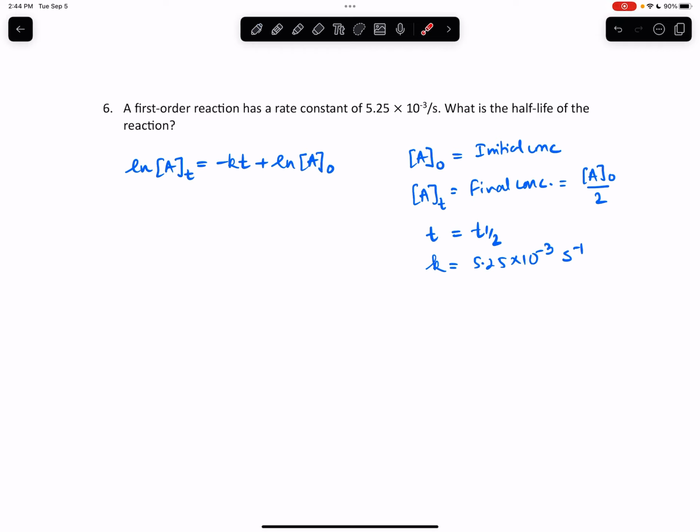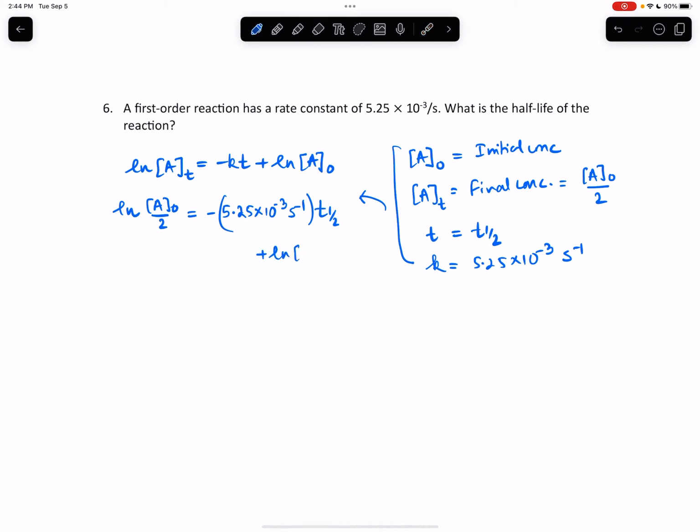All right, so we have everything we need. Now we just have to plug these into this equation. So let's go ahead and do that. We're going to replace A_t with A naught over 2 and replace the k with 5.25 times 10 to the negative 3 second inverse, and that whole thing is multiplied with t 1/2, which is the half-life, and then we add plus ln of A naught.